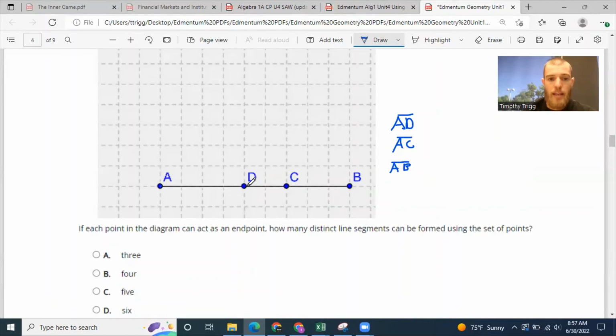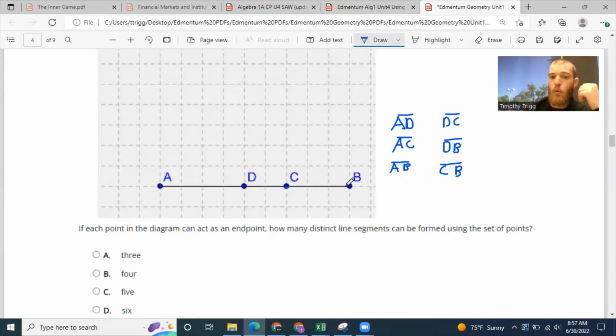Then going from point D, we could say DC. That's a distinct line segment, different than all the other ones we've listed so far. And then DB is another different line segment. And the last one, starting from point C, CB, is a line segment. So 6 in this case.